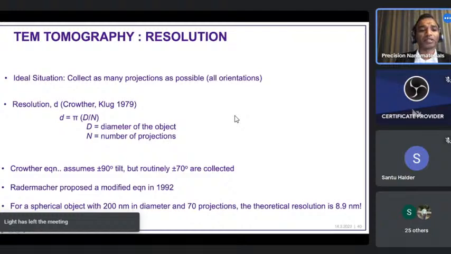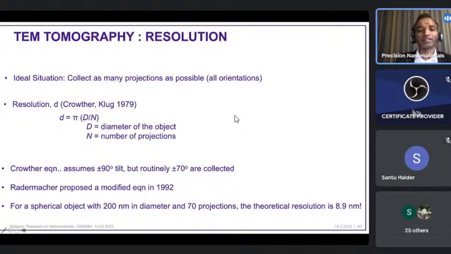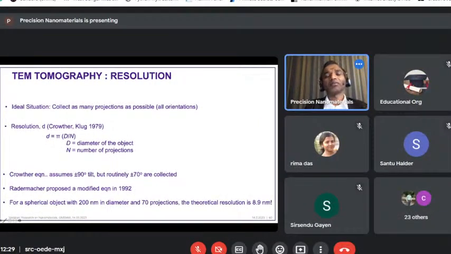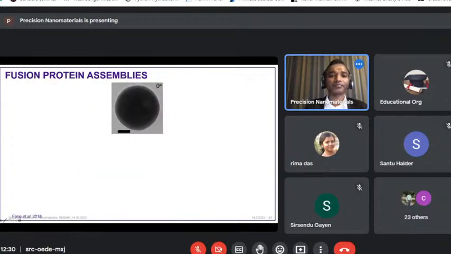If you have an object of 200 nanometers, tilting from minus 70 to plus 70 at an angle step of 2 degrees, you will have 70 images. Then it is possible to get a resolution of 8.9 nanometers. That means objects at this distance can be visualized clearly.